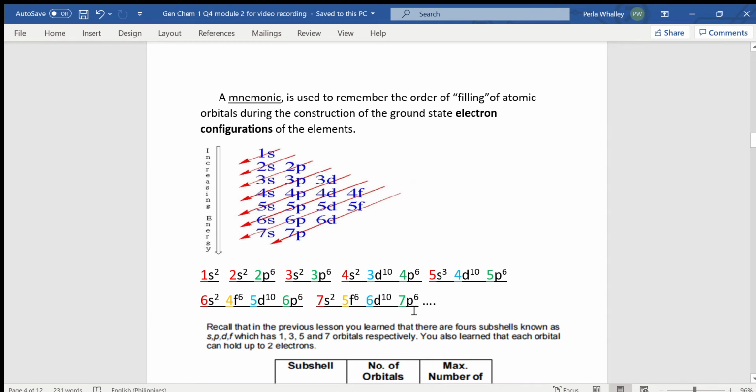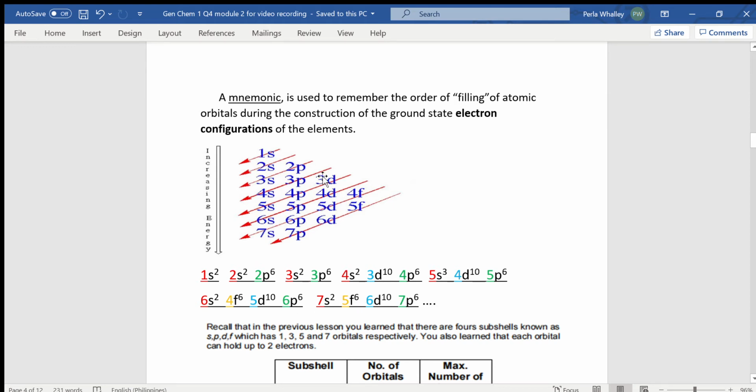So it is easy to memorize. You start writing s and then sp, double it, sp, and then sdp, double it, sdp, then sfdp, then double it, sfdp.